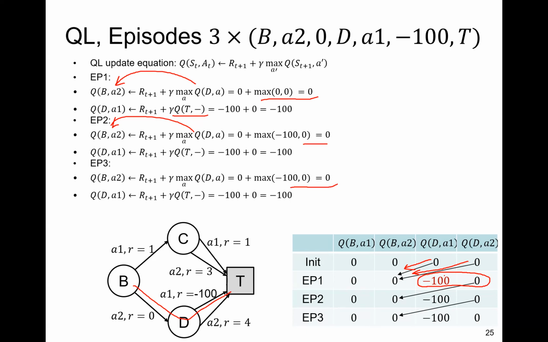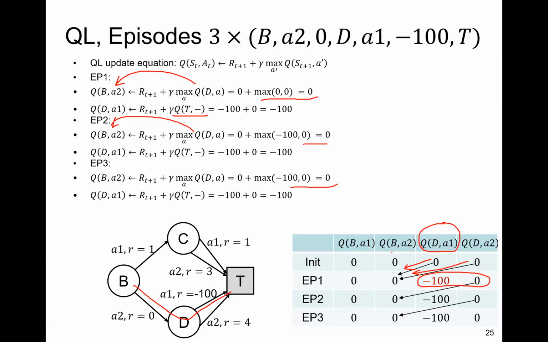So you can see that this minus 100 of QDA1 is not affecting QBA2 because you initialize the value functions at 0.